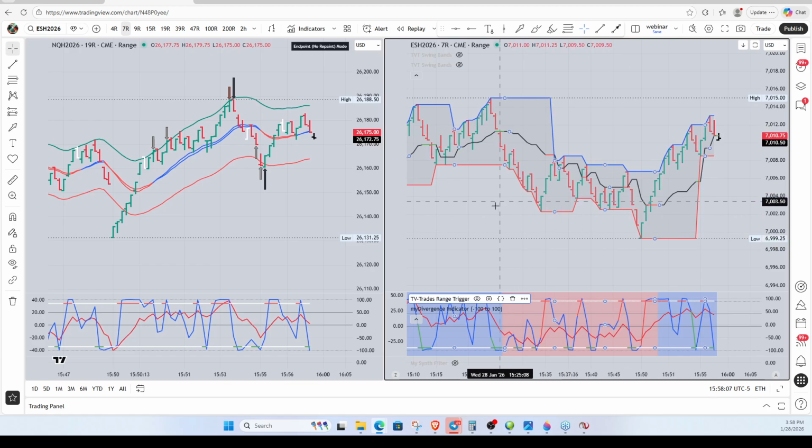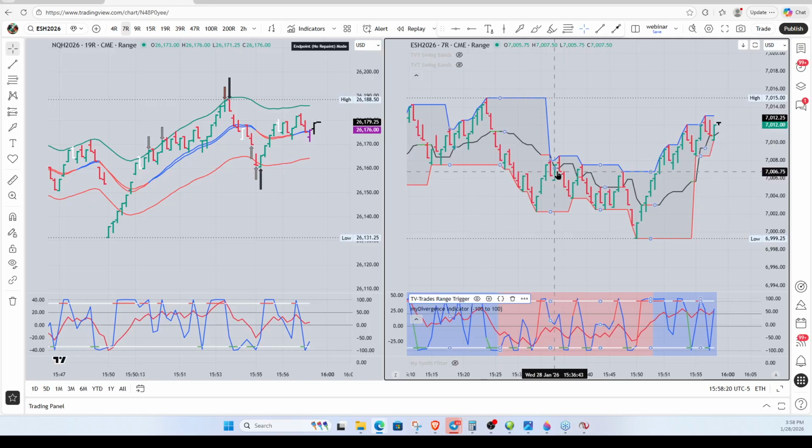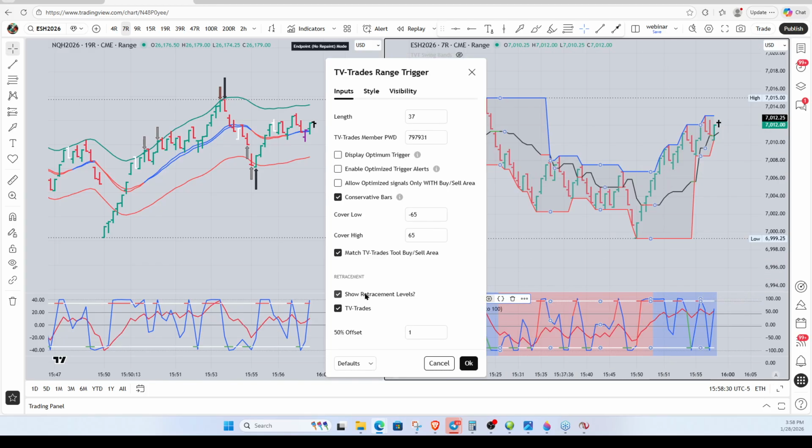So down here, when this is red, you'd be looking to take shorts off the midband. When it's blue, you'd be looking to take longs off the midband, like this right here. When it's red, take shorts off the midband like that one, that one, that one. That's what I do in the morning, Sid. So you have access to all that stuff if you want it.